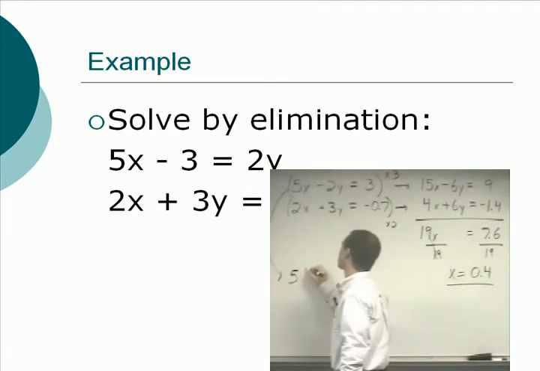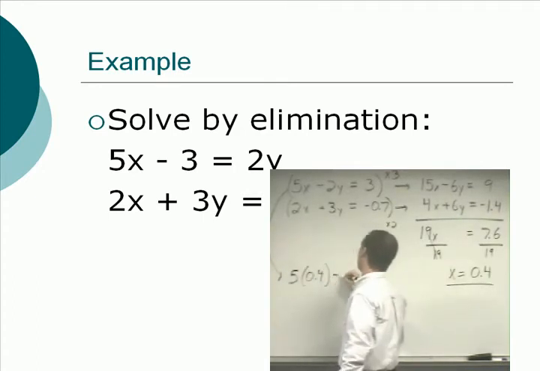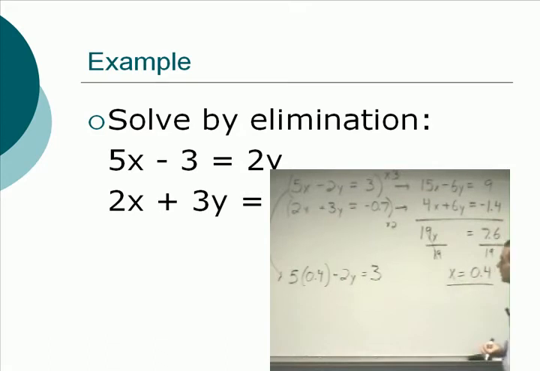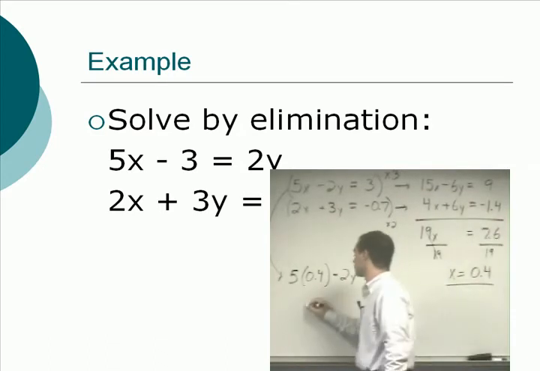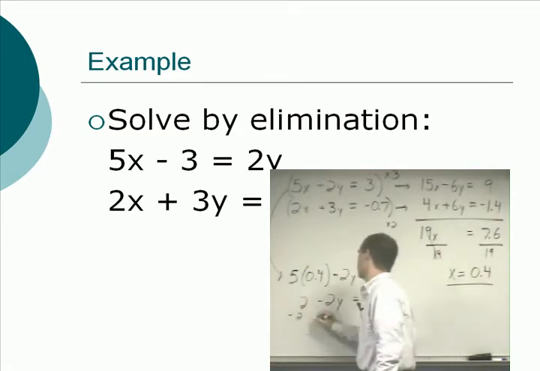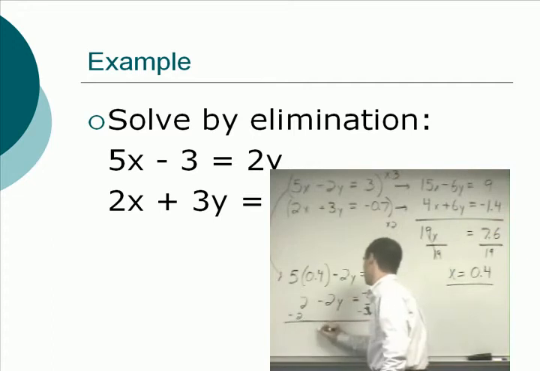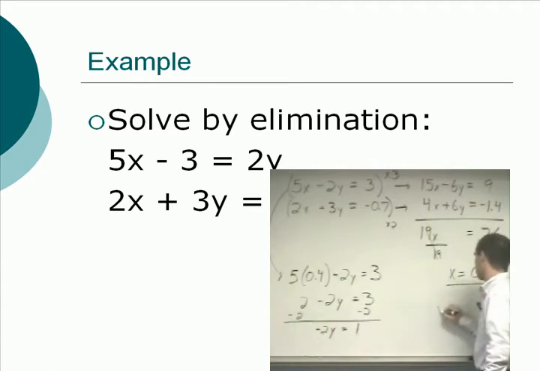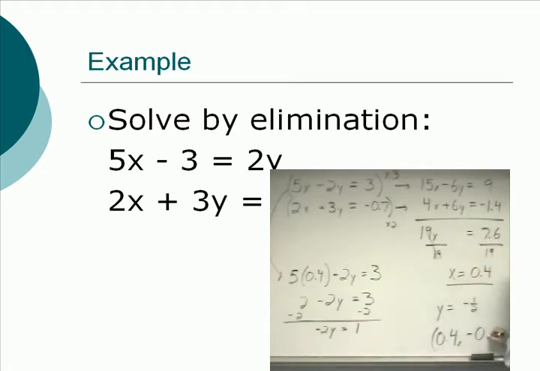So now we know that 5 times 0.4 minus 2y equals 3. 5 times 0.4 is 2. Y is negative 1/2 or negative 0.5, and so we got it solved.